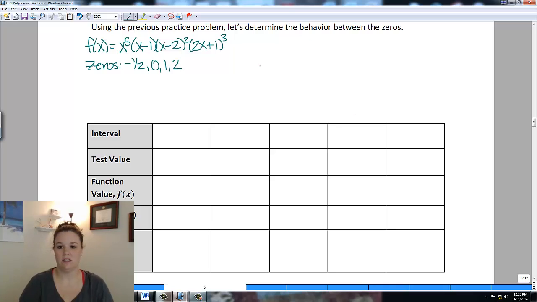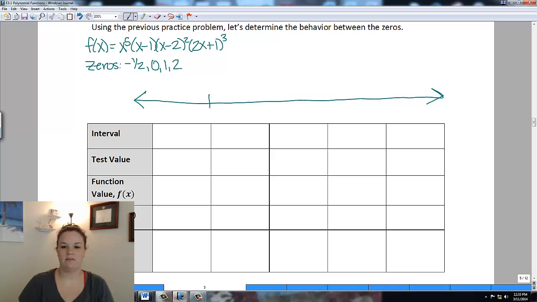So really what we're trying to determine is what's happening on the graph between all of these numbers. So I'm going to draw a graph just to help out here. Pretend it's straight. Okay. So we have a 0 at -1/2, a 0 at 0, a 0 at 1, and a 0 at 2. So notice here on this first little box, my first row says interval. So I want to test this interval right here to see what's happening in it.